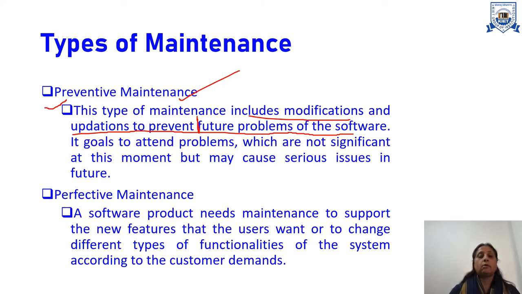In case of perfective maintenance, we want to add new features so that our software will work perfectly. It is working perfectly right now also, but still if we add this particular feature, then it will be easier for the user or customer.